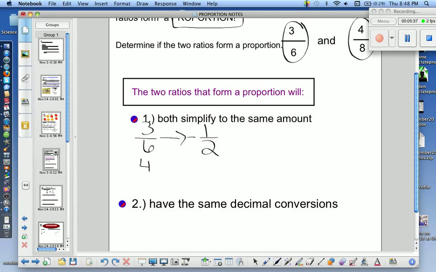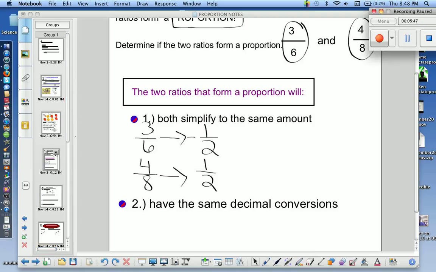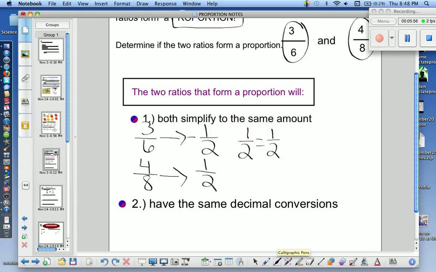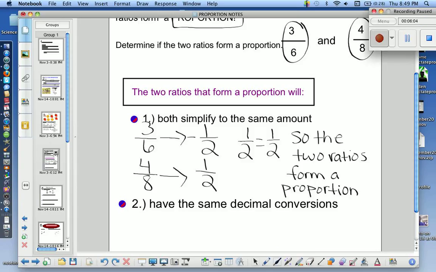We also have 4/8, and that reduces in simplest form to the fraction 1/2 as well. Since 1/2 is equal to 1/2, the 2 ratios are equal to each other, so that means the 2 ratios form a proportion, because when we simplify their fractions, they're the same amount.